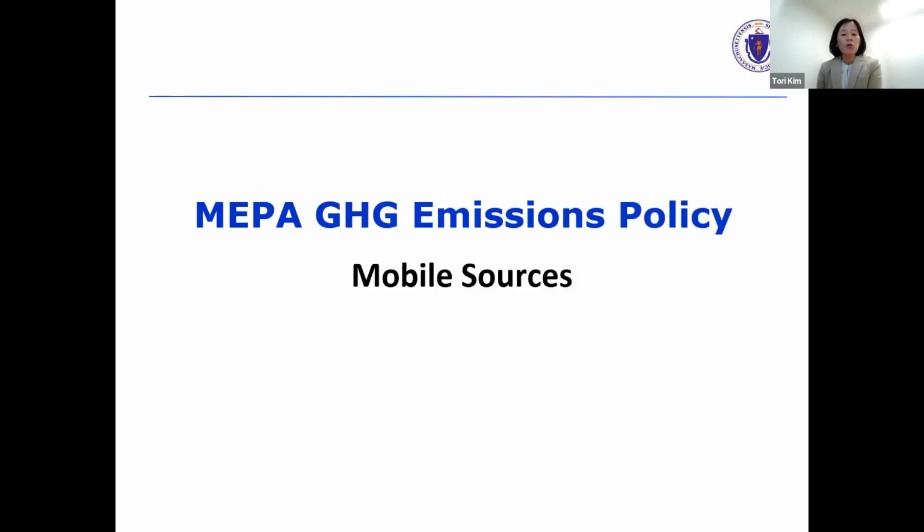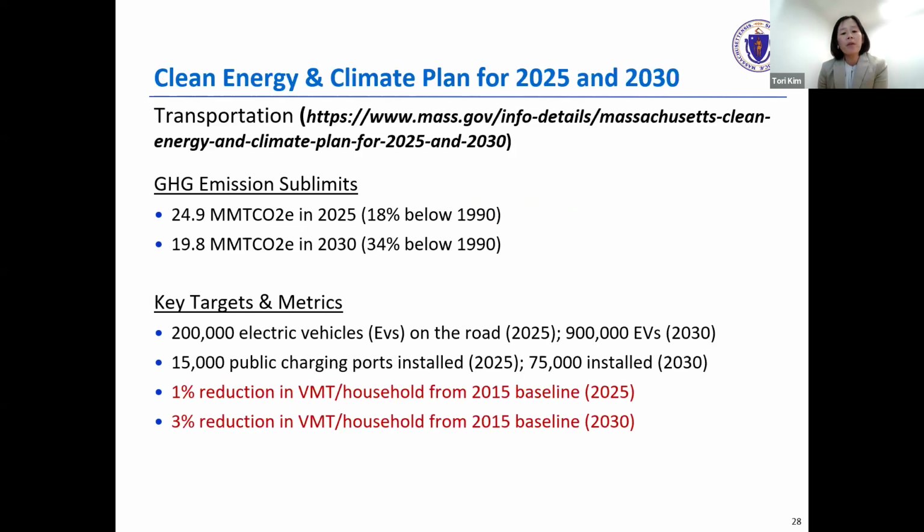Moving on to mobile sources, next slide. Here again, just providing some background about state planning around mobile sources. So greenhouse gas emissions from traffic still remains a high source of emissions in the economy. And so there are some key targets and metrics, the primary strategy being, of course, electrification, promoting more electric vehicles, EV chargers.